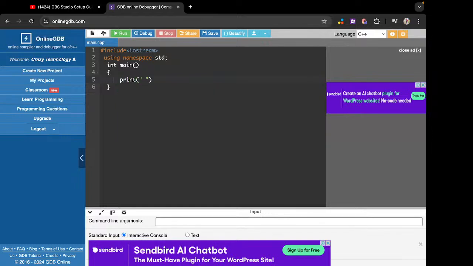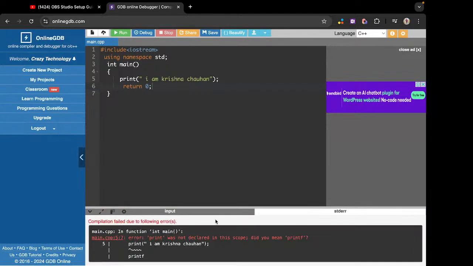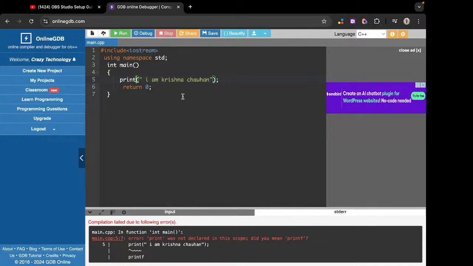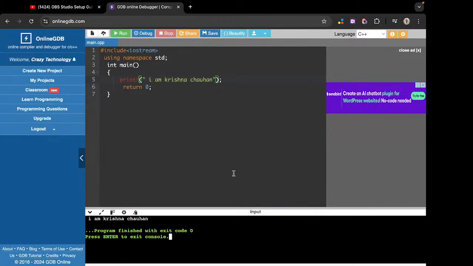Print A M Krishna and return. It's printf. Yeah, it's printf. Here I got it.